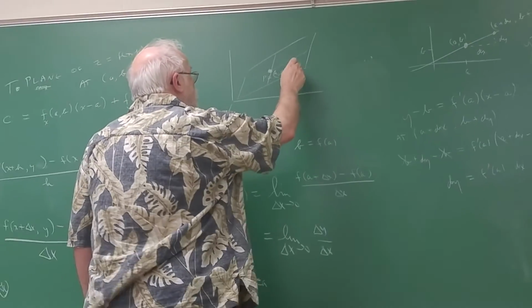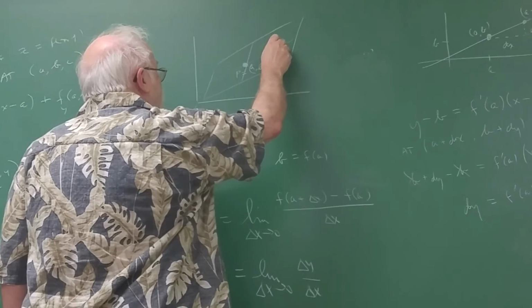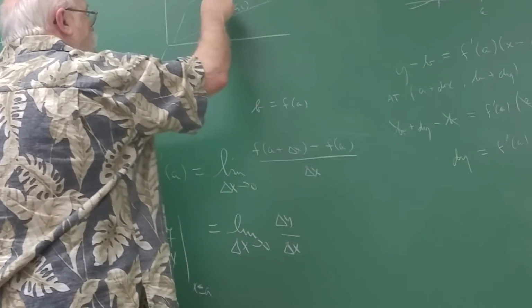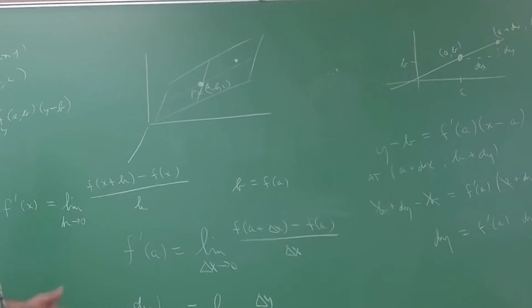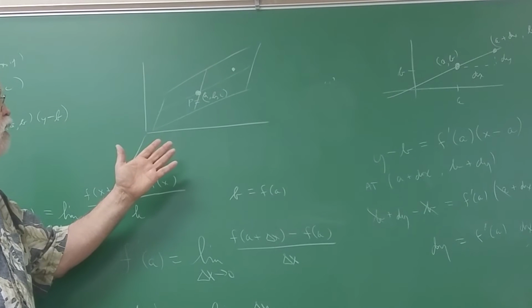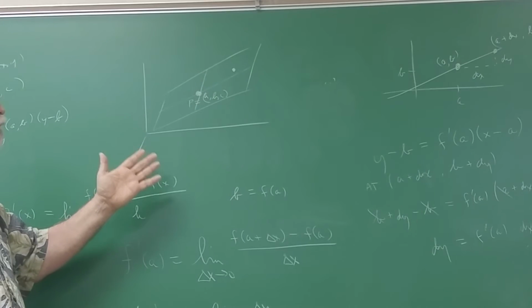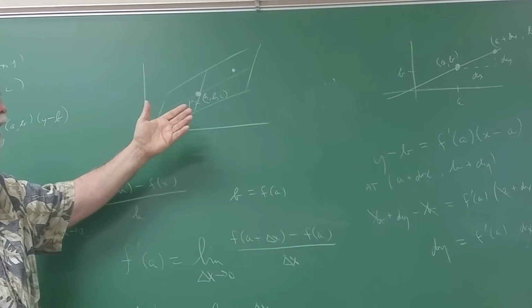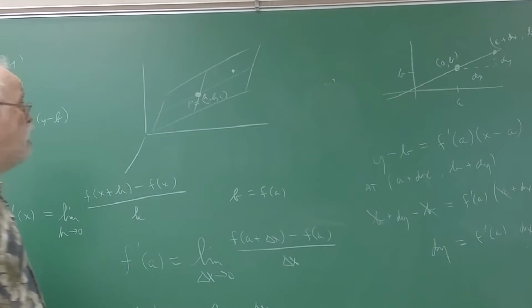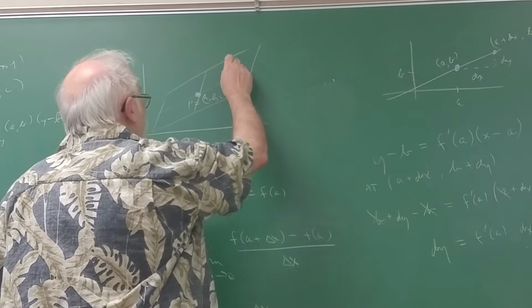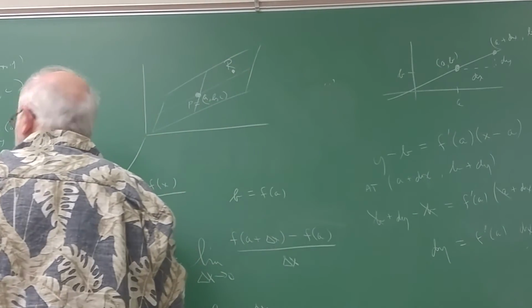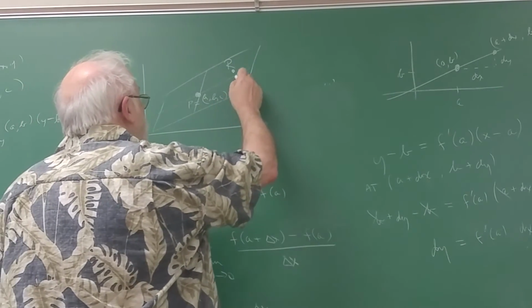And then I come over here to some point Q, and again, it may not have the same A or B. I might change both X and Y and Z. So this is going to be point R. Q is on the surface. R is on the tangent plane.